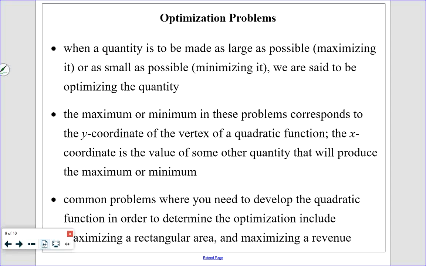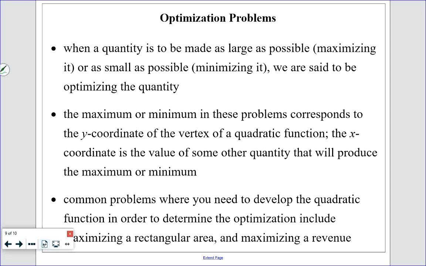The x-coordinate is the value of some other quantity that results in that. It might be how many lemon trees to plant to maximize the number of lemons. It might be what to charge per ticket to maximize the revenue. It might be the length of a corralled off area to maximize the area.